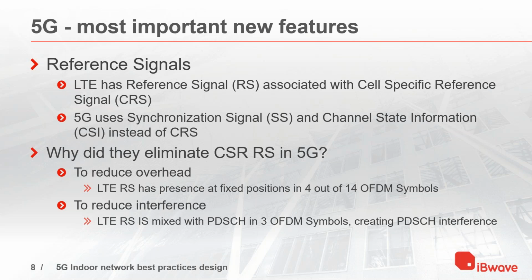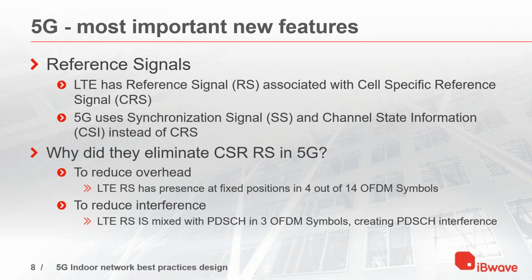Basically, we would like to reduce that and improve the percentage of the payload that we can send, which is the number of PDSCH resource elements in a frame. We are increasing the number of PDSCH resource elements per frame by reducing the number of reference signals that we have to send in that frame.